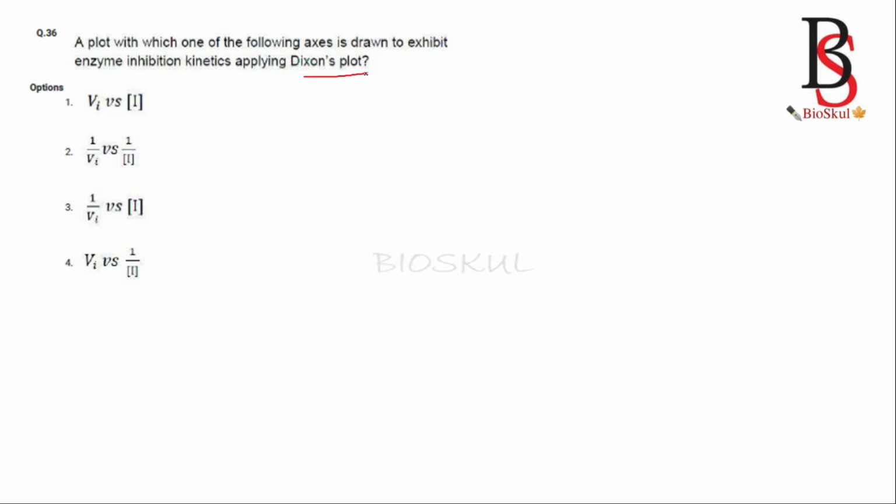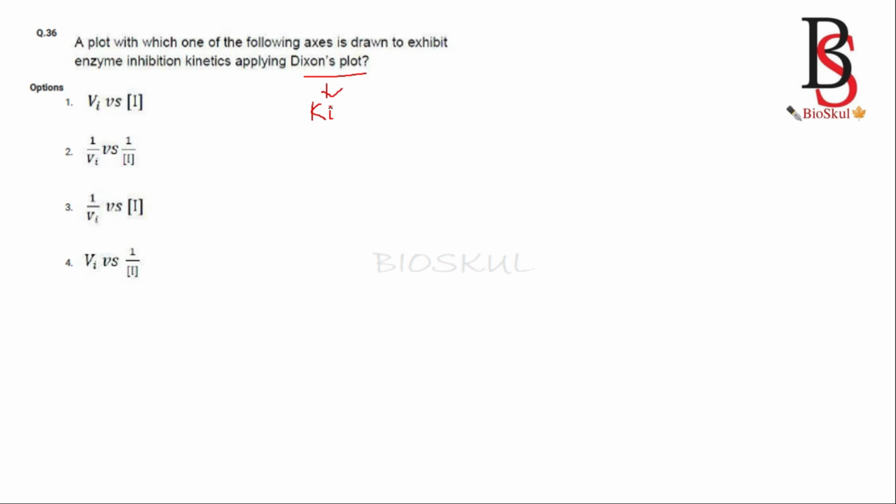Dixon plot is a graphical method for determination of enzyme inhibition, or to represent the Ki, that is the inhibition constant or dissociation constant. And by applying this Dixon plot, we will know the type of enzyme inhibition.